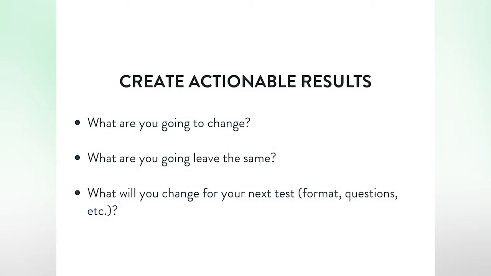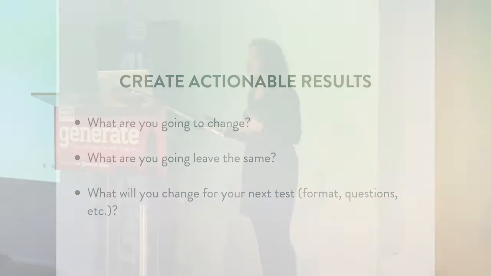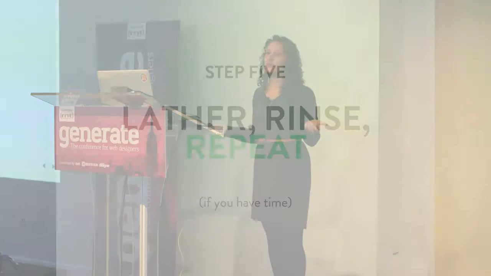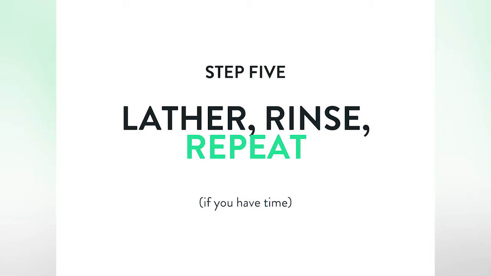And next, you want to create actionable results. Think about what are you going to change, what can you leave the same, and then what will you change for your next test? Will you change the format? Will you change questions? What do you want to do? Because this really does need to be something that is iterative. And to be iterative, we have to do it more than once. So if you have time, you can repeat the entire process.